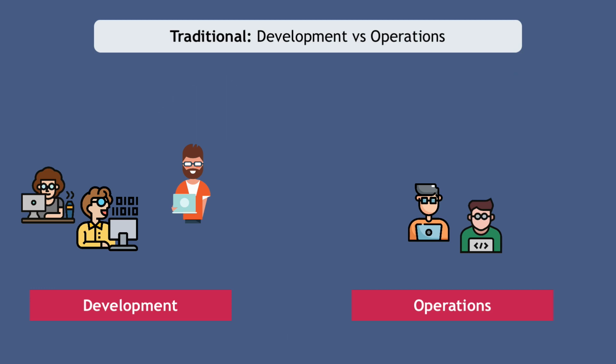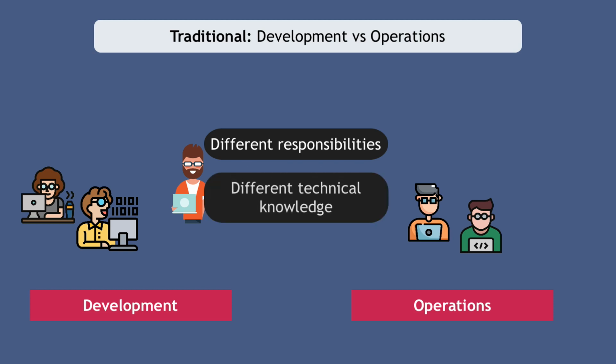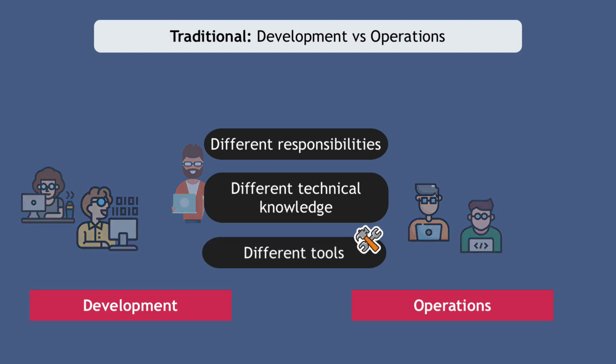And that's how software development and IT operations teams and their responsibilities completely differ from each other. They're both responsible for their different areas. But you probably also notice that they need completely different technical knowledge and knowledge of completely different tools to do their jobs.